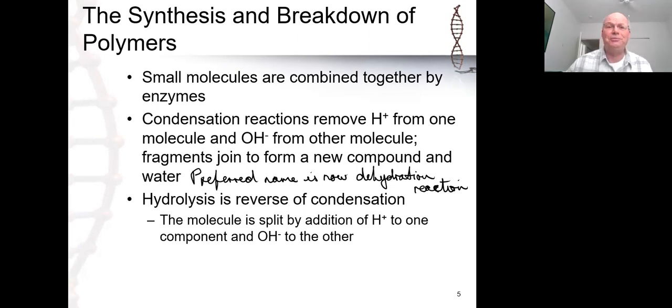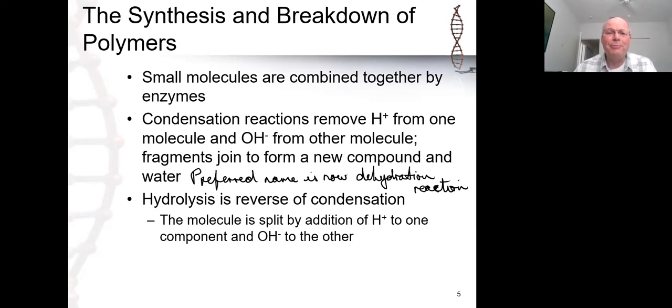It used to be condensation reaction because of the nature of the reaction and how it takes place. But there seems to be a move now to prefer the name dehydration reaction. They're talking about the same thing, and you may, in some of your external reading, or if you look at some of the resources that I've posted in the resource page, some of the YouTube videos, see the term condensation reaction used rather than dehydration reaction. They are talking about the same thing.